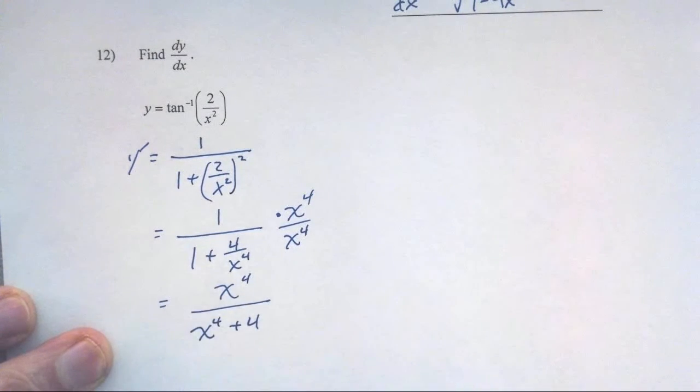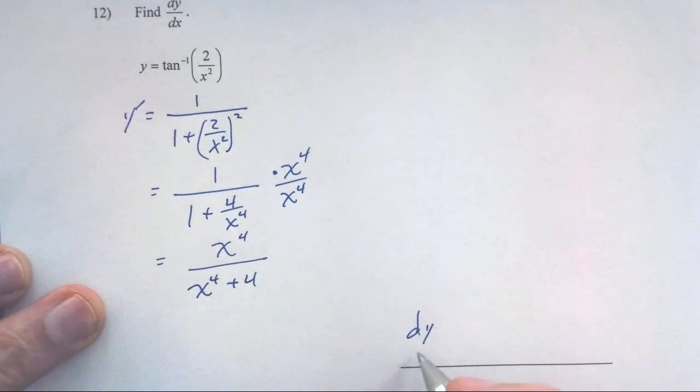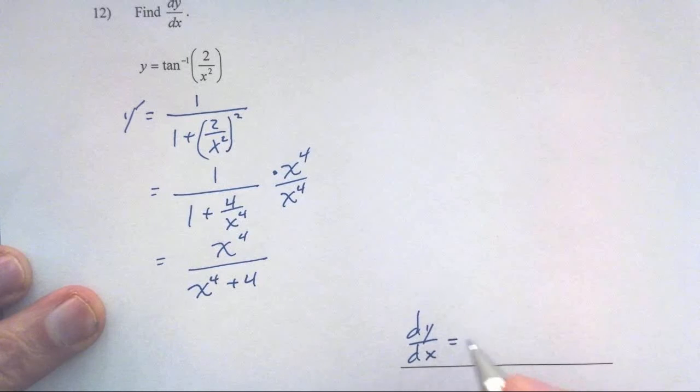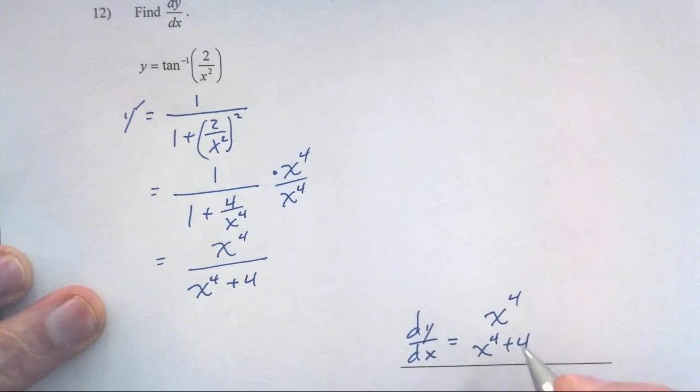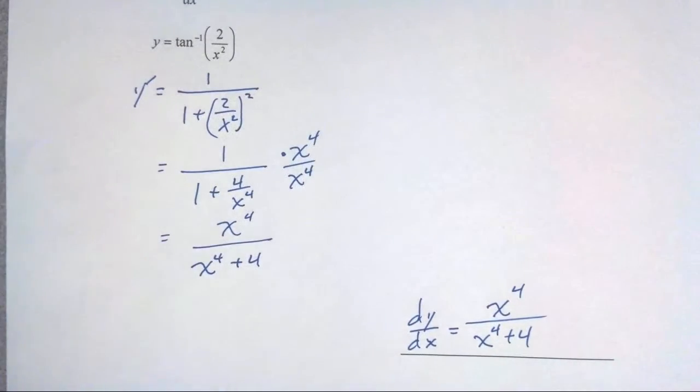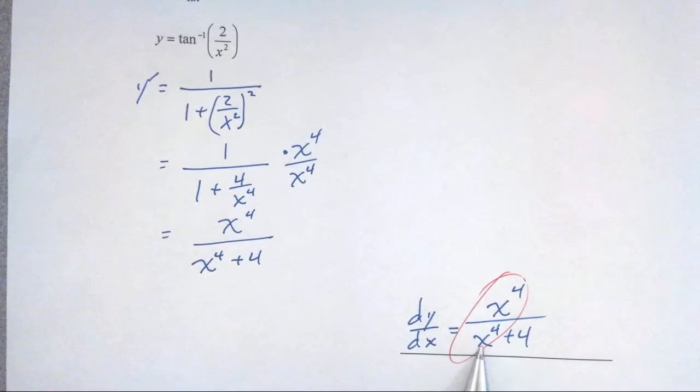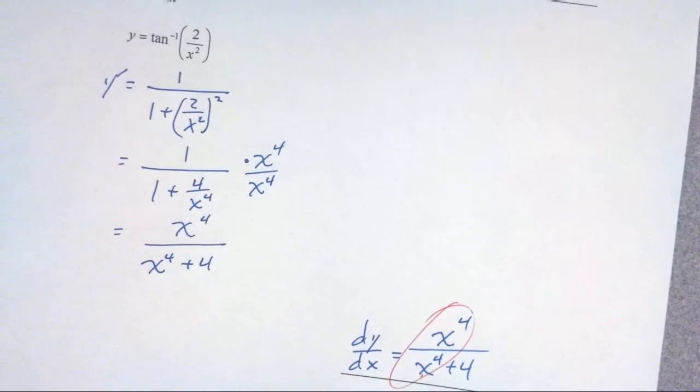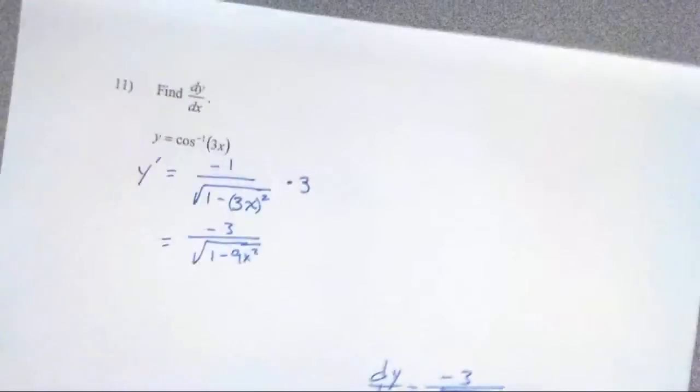I do not want compound fractions as our answer, so dy dx is x to the 4th on x to the 4th plus 4. Do I need to say it? I'll say it. Don't you dare think about canceling those. X to the 4th is a term. You're calculus students, not algebra 1 students. Okay, so there's a quick page for us. Let's take a look at number 13.